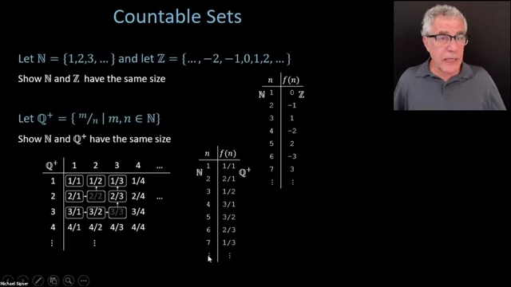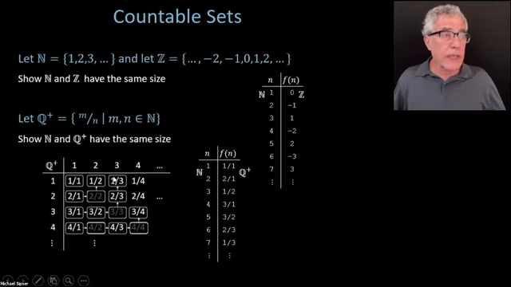I'm not going to fill this in, I ran out of room to fill out this table some more. But just to look at how the process is going to continue, I will get 4 over 1. Now 4 over 2, again, is a number we previously saw because that's the rational number 2. We saw that up here when we had 2 over 1, so we're going to have to skip that one. 4 over 3, 4 over 4, that we skip. 3 over 4, and so on.